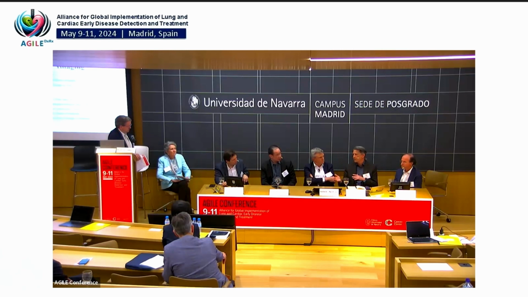The downside is you don't typically acquire a functional residual capacity or an RV volume, but in studies I'm involved with, COPDGene and the Severe Asthma Research Program, we're acquiring both an FRC or an RV and the TLC lung volumes. We can do a deformable mapping of the 2 volumes to determine the change in Hounsfield units, and that is a much more robust approach that's not as sensitive to the norm.